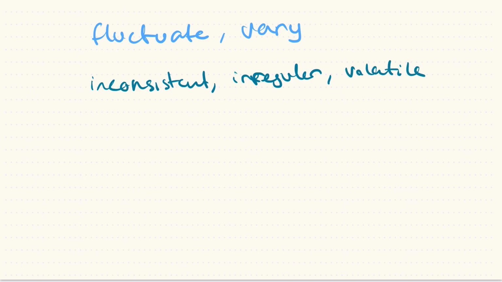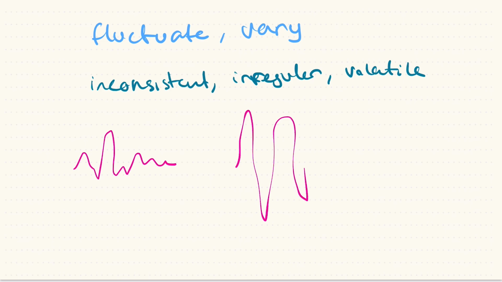So for example, I would say an inconsistent fluctuation, meaning that it doesn't have a pattern. And something that is more volatile has more ups and downs. So that's where you use, for example, the temperature fluctuates in a volatile manner.